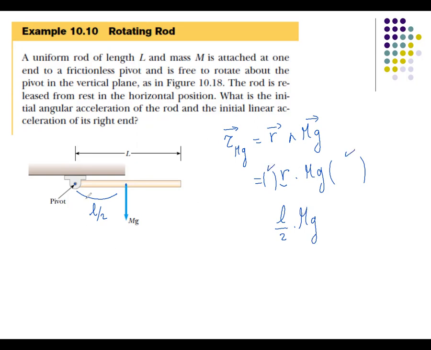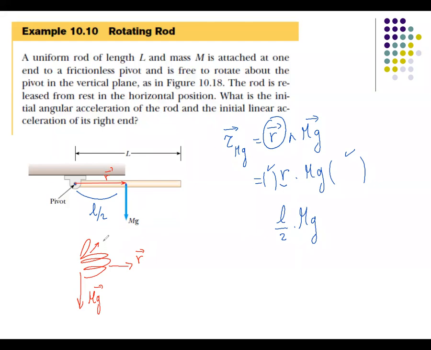You have to use your right hand rule. R is a vector between the pivot point and mg. You have R in the direction of your fingers, and mg must be out of your palm, must be down. This is your hand rule, and your finger will be into the page.